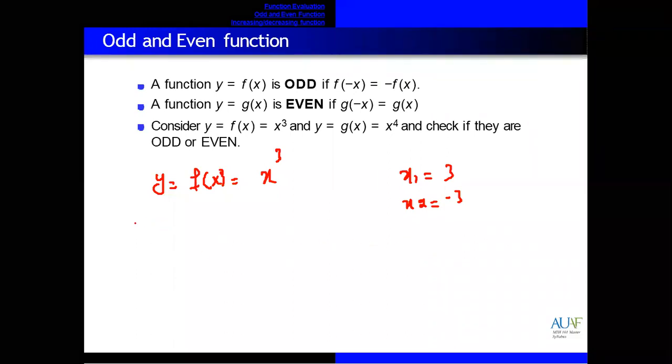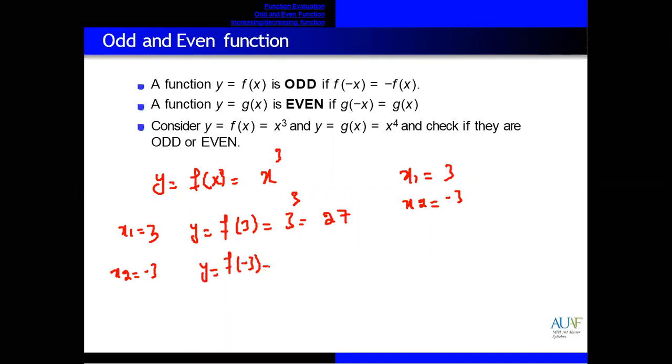Like first one, x1 is equal to 3, so y is equal to f of plus 3, and f of plus 3 equal to 3 power 3, and you know 3 power 3 equal to 27. If you give x is equal to minus 3, so f of minus 3 equal to minus 3 cube, and this one equal to minus 27. One will give you a plus value, second will give you a minus value.